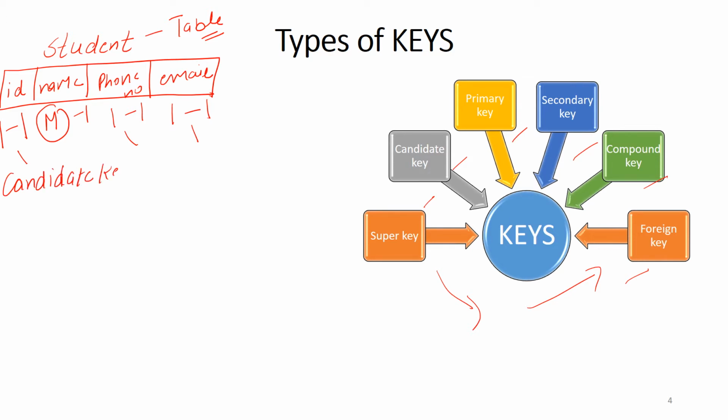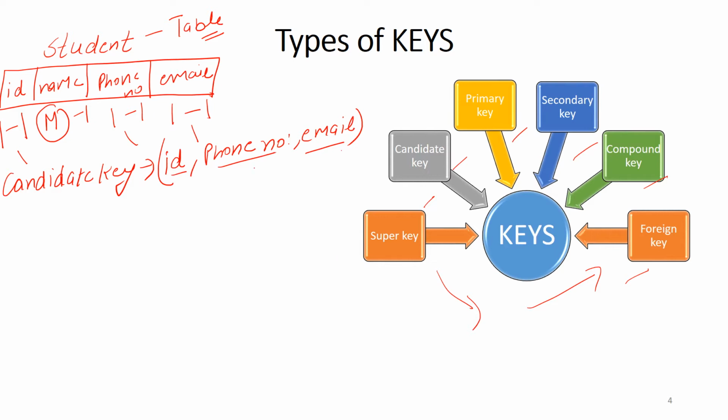A candidate key is a collection of those attributes which can identify a record or can make a table attribute unique, or which can help us identify data from the table in a unique manner. So we have ID, phone number, and email.